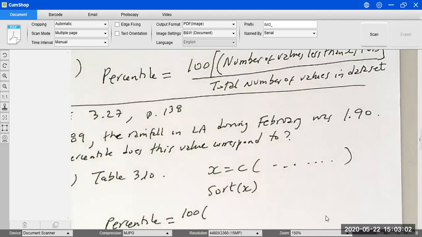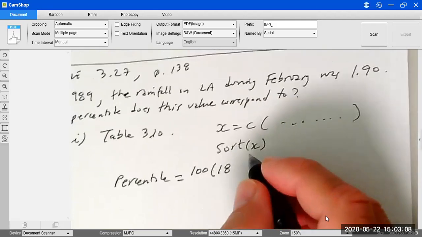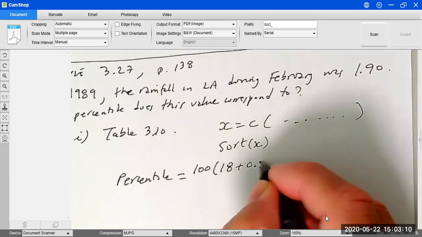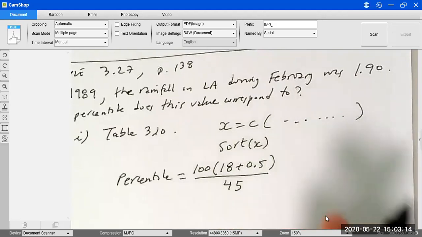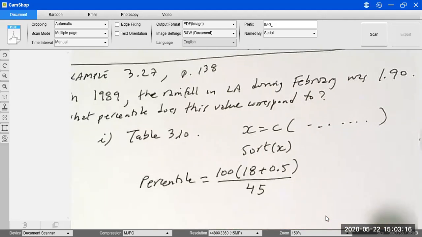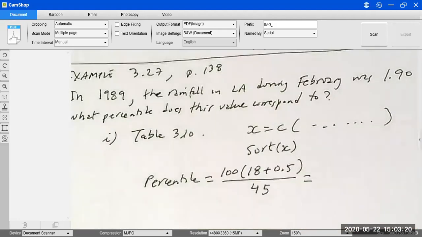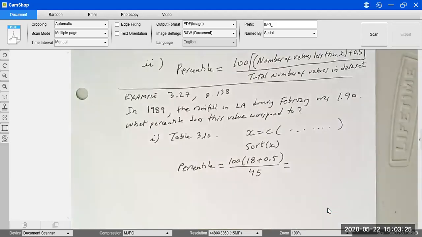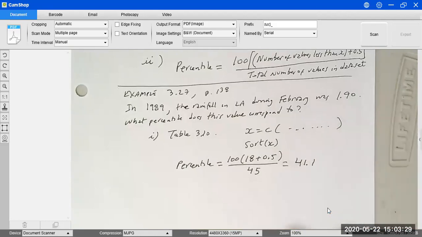So we're going to write here 18 values plus 0.5, and we're going to divide that by the total number of values. So what is this percentile then? We do the computation by using our calculator or by using R, it's up to you. And you're going to get 41.1.